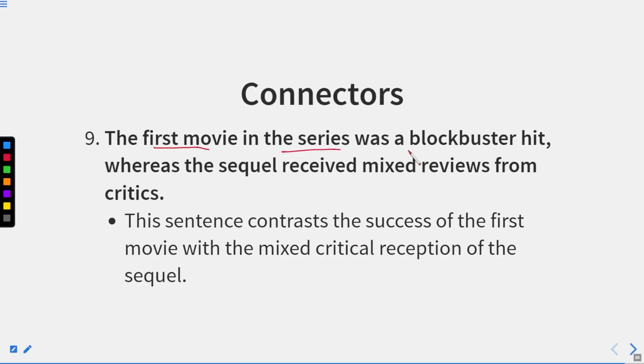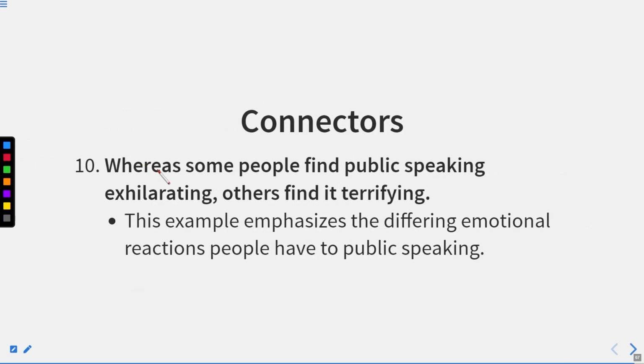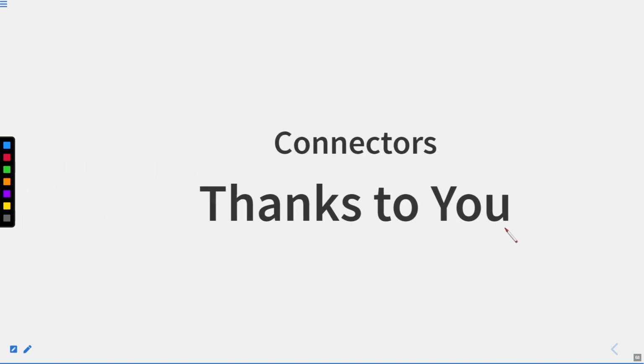The first movie in the series was a blockbuster hit, whereas the sequel received mixed reviews from the critics. This sentence contrasts the success of the first movie with the mixed reputation of the sequel. Whereas some people find public speaking exhilarating, others find it terrifying. This example emphasizes the differing emotional reactions people have to public speaking.